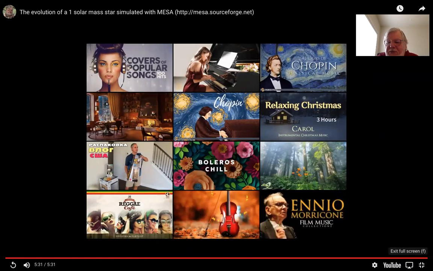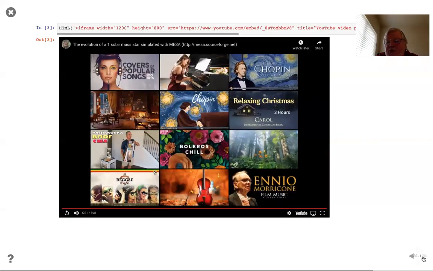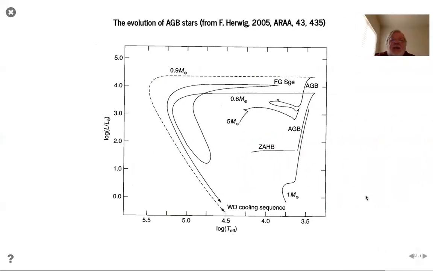So now let me go further. Okay, so this slide summarizes the main evolutionary phases of low and intermediate mass stars. So one solar mass star, you just saw it in the MESA movie, right? So I'm not going to repeat it. We start with the main sequence.